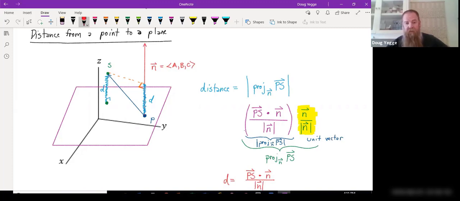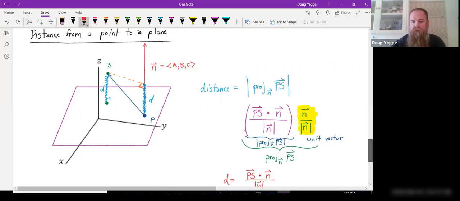The distance from a point to a line was PS cross V, right? And once we ended up having that, we took the magnitude and divided by the magnitude of V. Well, look at how these formulas are relatively similar. It's just that this one up here, the new one involving the plane, already has a scalar in the numerator, so I don't have to look for the additional magnitude. So I think we're ready to just do an example, and we'll finish this section up.